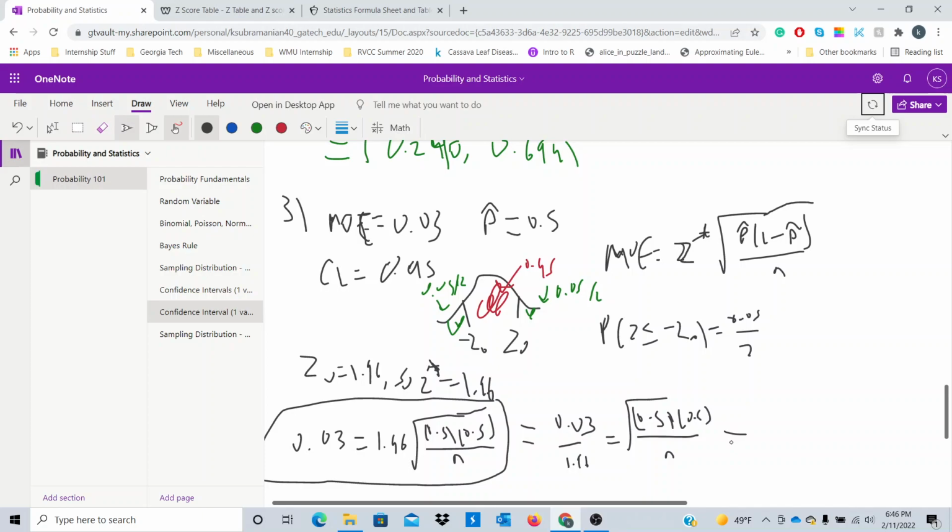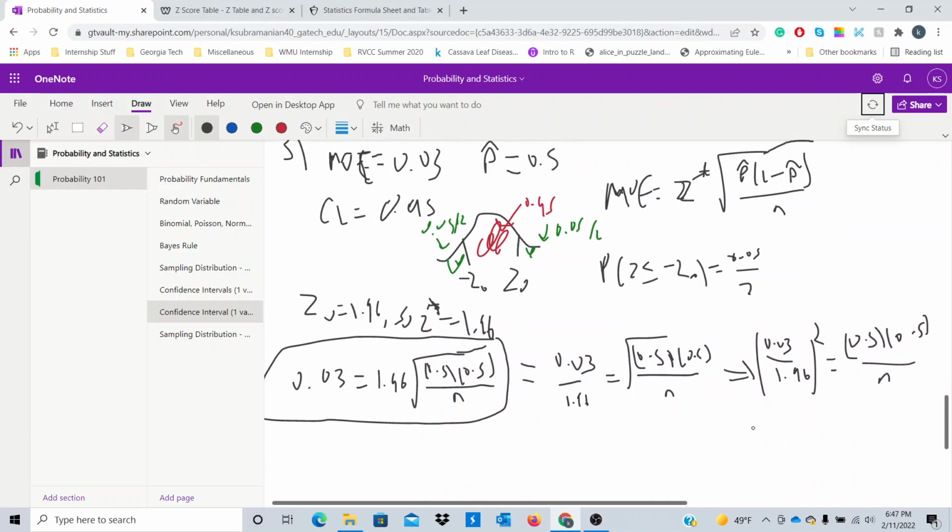And then when we square both sides, we see that 0.03 over 1.96 squared is going to be equal to 0.5 times 0.5 over n. So from this, we can rearrange and solve. We'll see that n is equal to 0.5 times 0.5 over 0.03 over 1.96, that quantity squared.